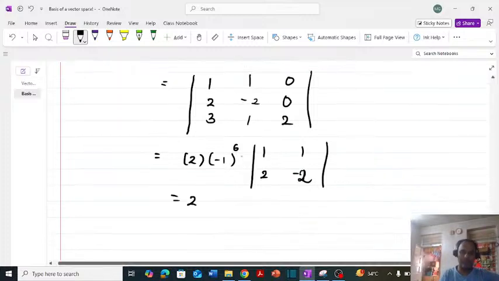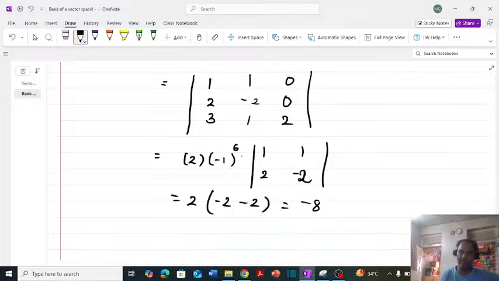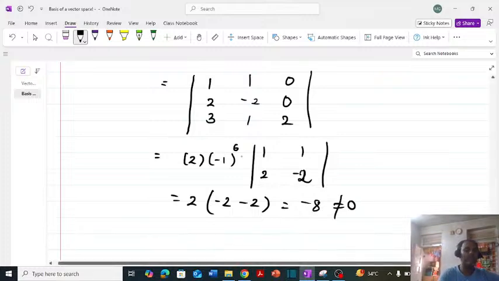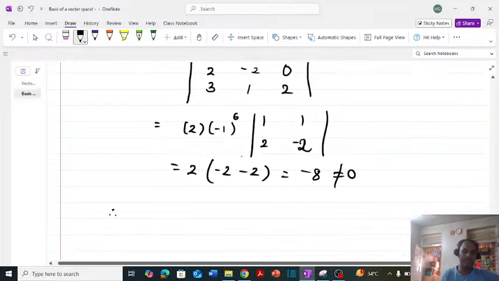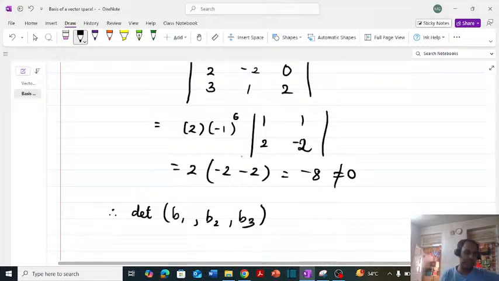So 2 into (-2 - 2), that is -4, giving -8, which is not equal to 0. So the determinant of b1, b2, b3 is not equal to 0. You calculate the determinant whichever way you know, with a calculator if allowed, or manually.